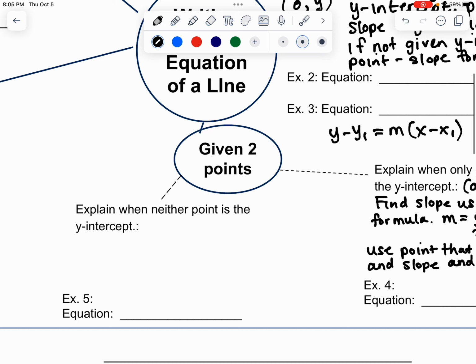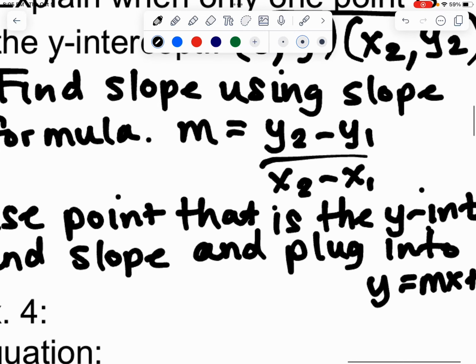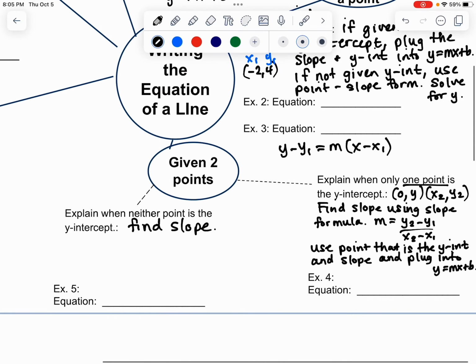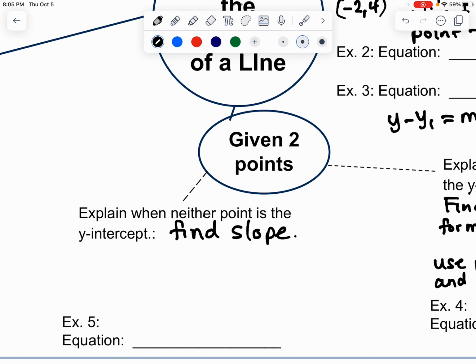The next part, explain when neither point is the y-intercept. We still need to find the slope, just like we did before, using the slope formula, y2 minus y1 over x2 minus x1. Once we find the slope, then we're going to use the first point.